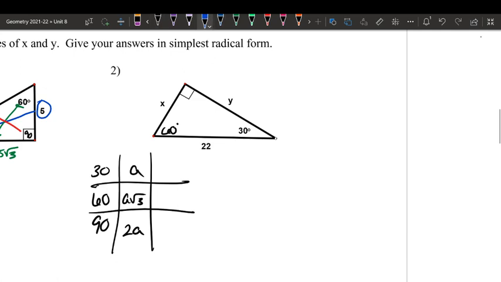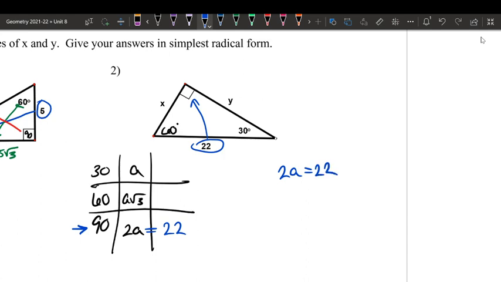And then I need something given. 22 is given. I have a side length of 22, so I have to figure out where to put that. Well, 22 is across from 90 degrees, so that makes it the hypotenuse. So across from 90 degrees is 22. And that's an equation.